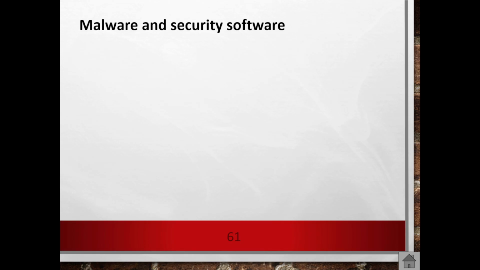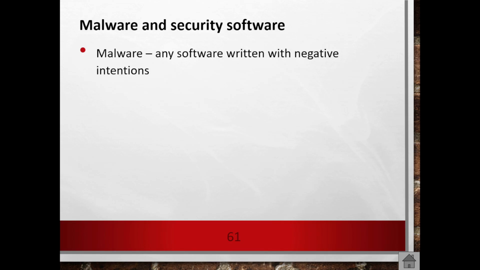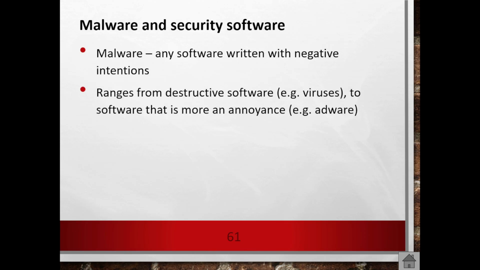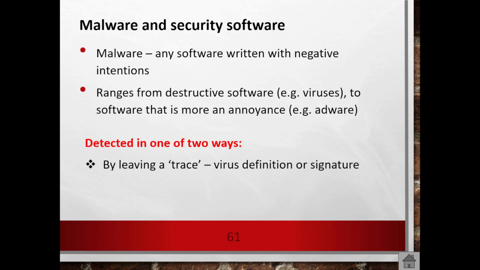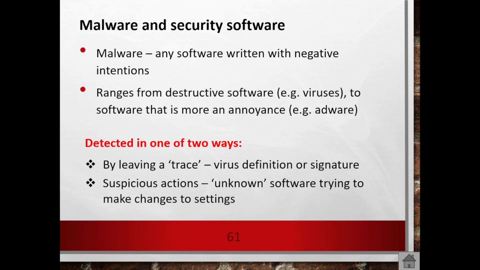Then we have malware and security software. So remember, malware is any software written with negative intentions. And this can range from destructive viruses to software that is more annoying, like adware. Now, this can be detected in one of two ways: by leaving a trace, like a virus definition or signature, and through suspicious actions, like unknown software trying to make changes to your settings.